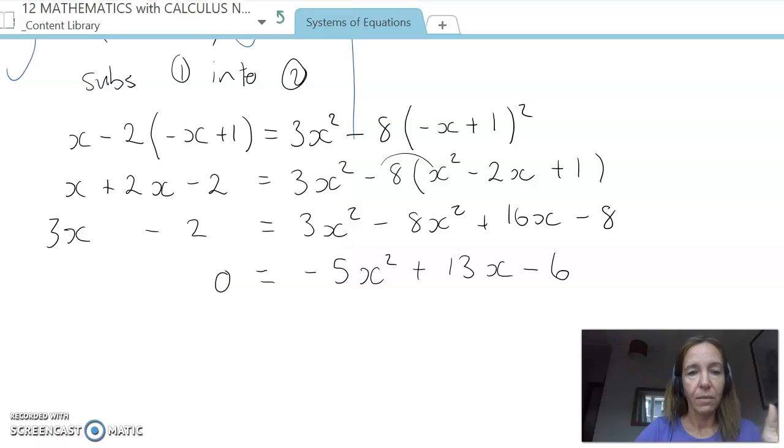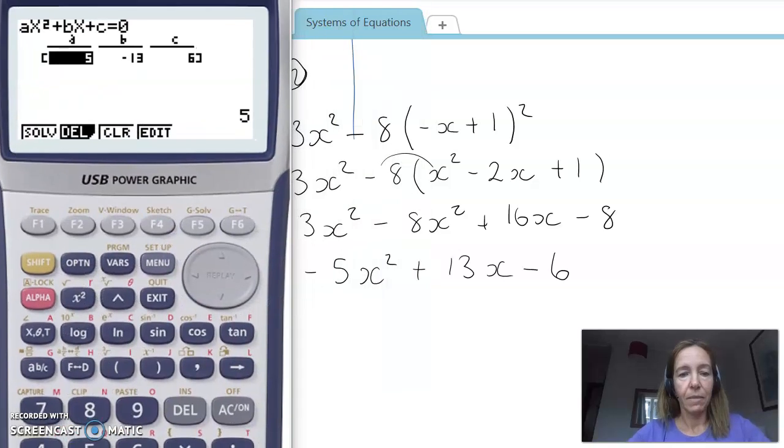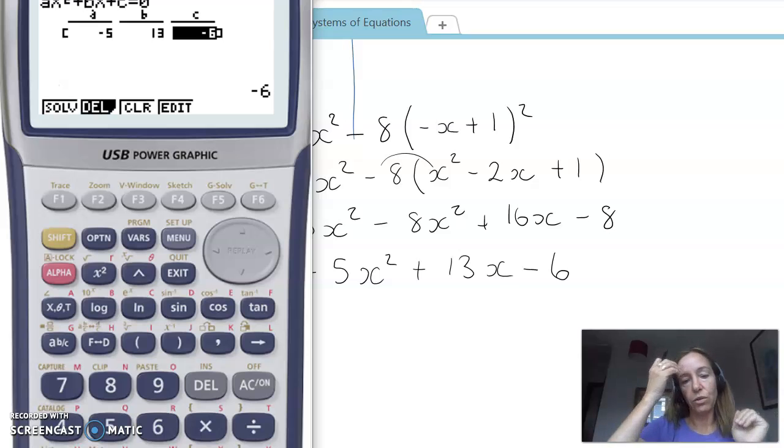Can I move this up while I'm recording? Well, trust me, I'm going to put the values in. So it's going to be minus 5. As you can see, I actually just did this one. I was just checking it. Negative 6.